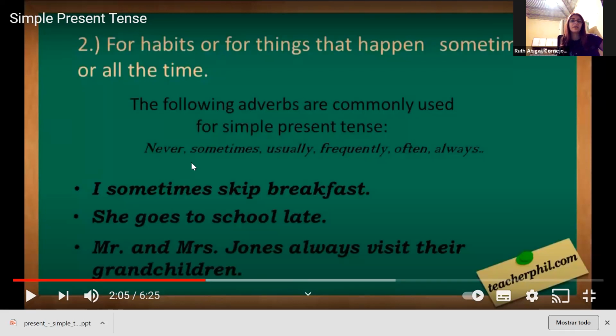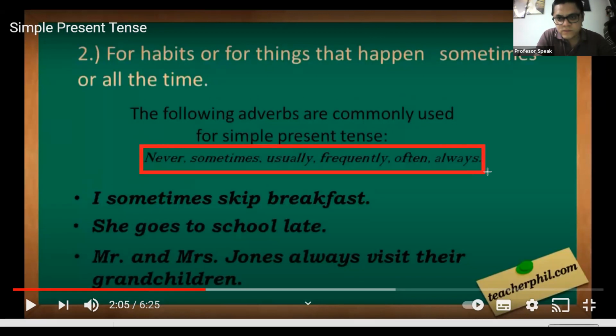Okay. These words, guys, these adverbs, are used to express frequency, a frequency of an action.